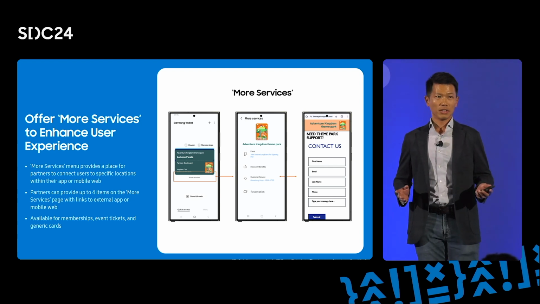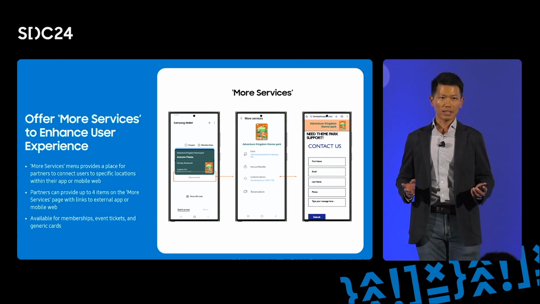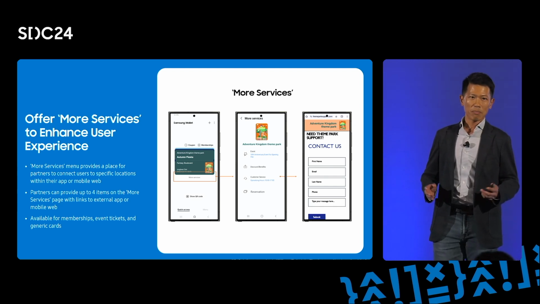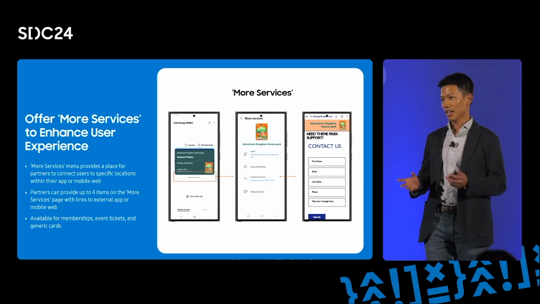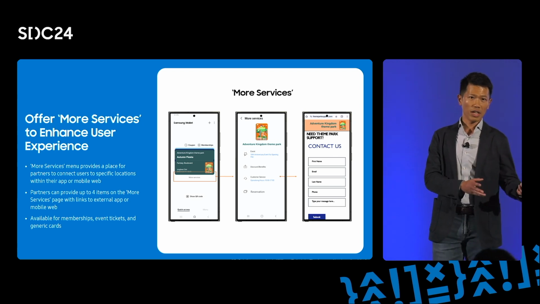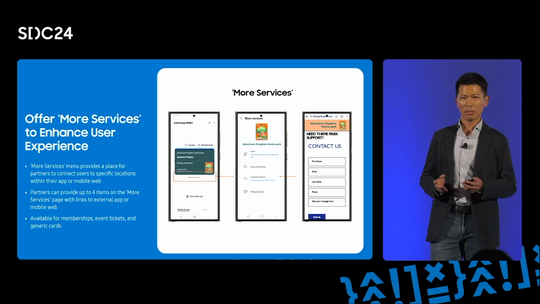The More Services menu can be accessed directly from the front of a wallet card. It provides a dedicated page for our partners to link your users to your specific locations within your app or mobile web.